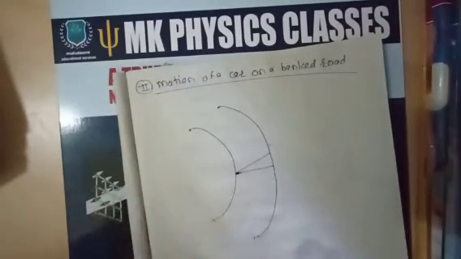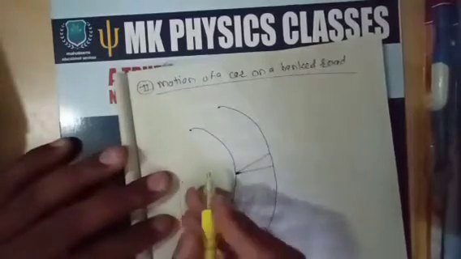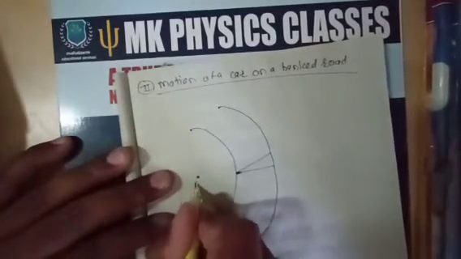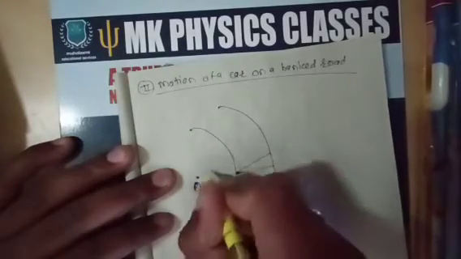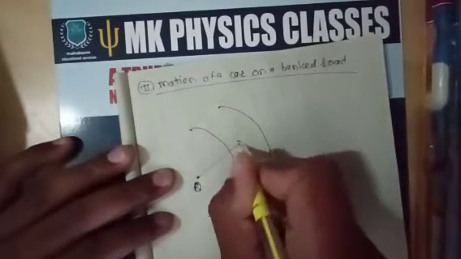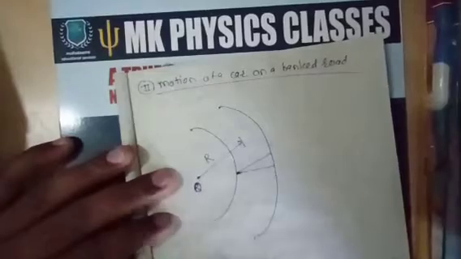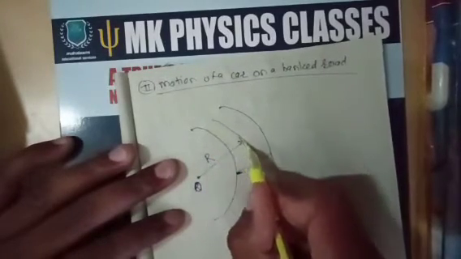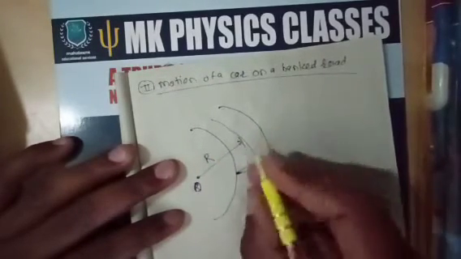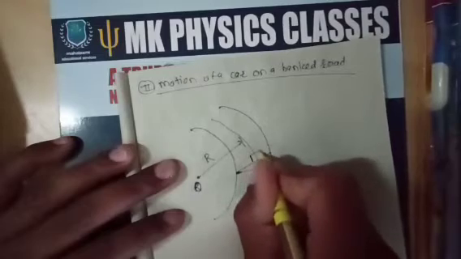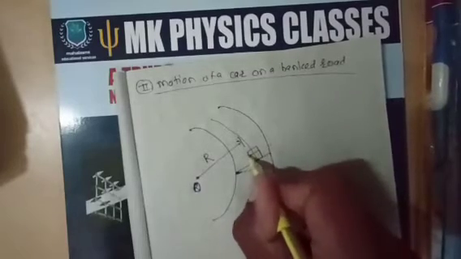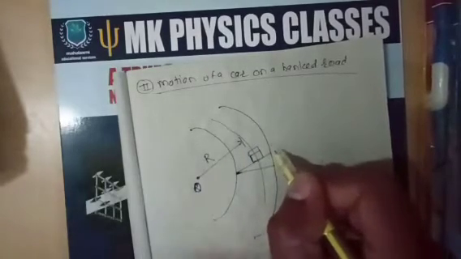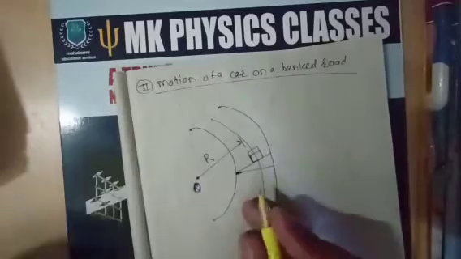When the object is traveled in a banked road, this is the center and this is the radius of the circular path. The object is moving in a circular path, and the outer edge is higher as compared to the lower edge.